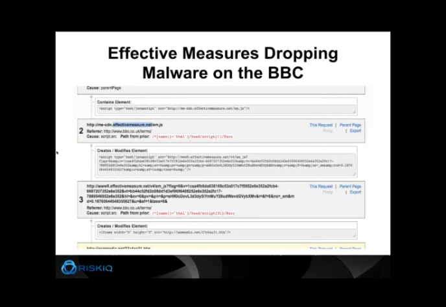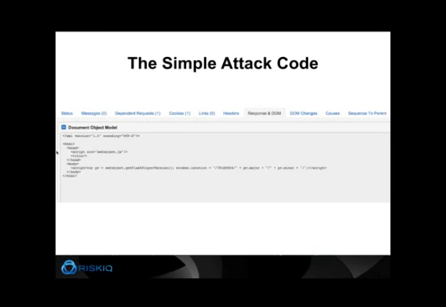And then a little bit further down the chain, there's the asmmedia.net attack URL that served up the zero-day. So in this case, just by simply including this JavaScript from the third-party analytics provider, that provides the vector for the attacker. The actual attack code was very simple.